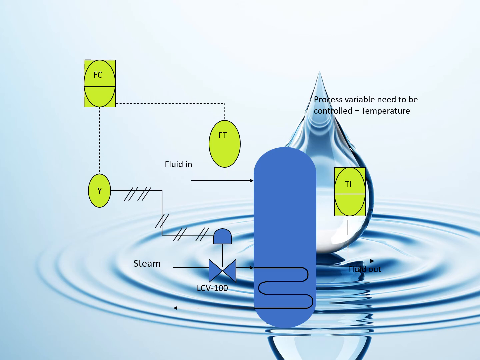We can see here the feed forward control does not measure the process variable inside this column, but it measures the disturbance, which is the fluid in, and the controller makes a correction based on the measured disturbance here and sends the information to take an action so that the disturbance can be cancelled out.